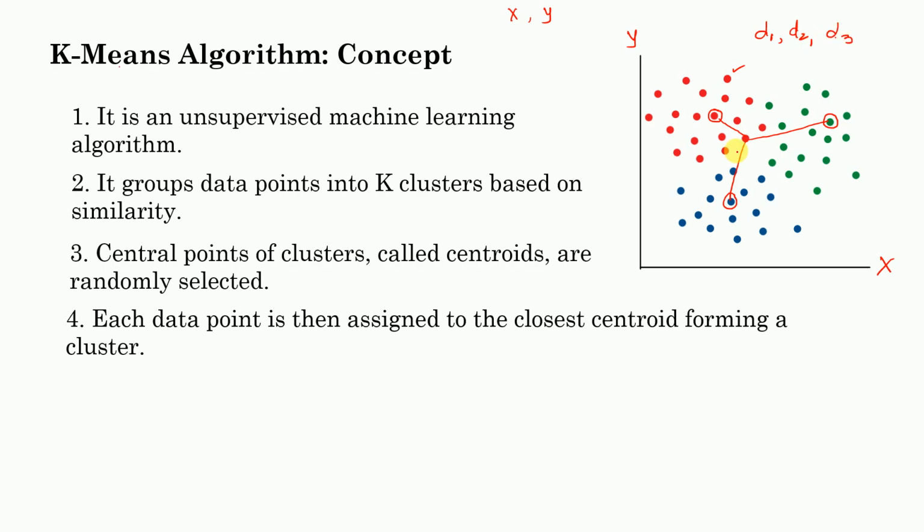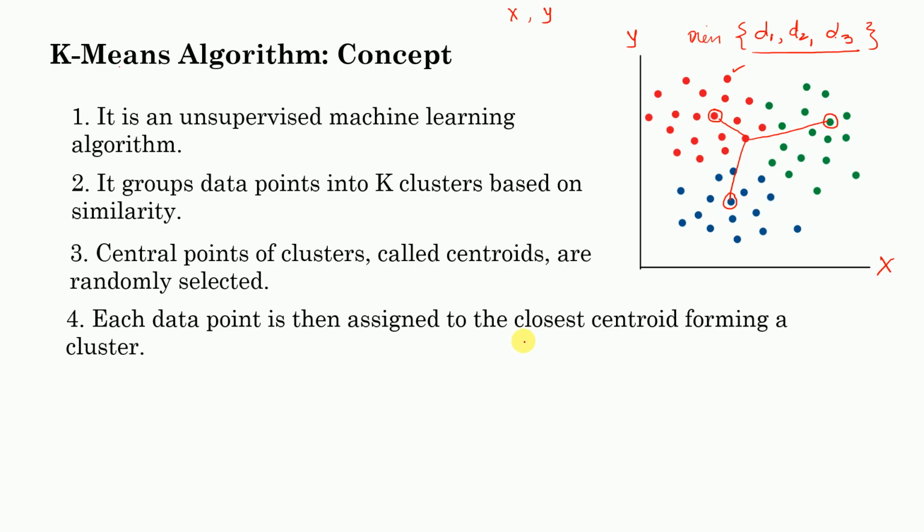So in the same way, I have to calculate the distance of each of these data points from the first, second and third. Now what we have to do? I have calculated the distance of this point from the first centroid, second centroid and third centroid. Now we have three distances d1, d2 and d3. I have to find the minimum of all these distances.